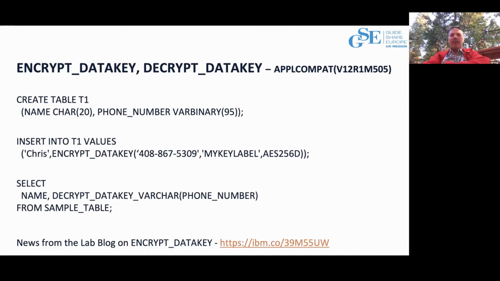So you can actually have a different key label used on every record of data, as an example. Maybe my key label is only accessible to me, and your key label is only accessible to you. And if you tried to fetch my record, you wouldn't have access to my key label, and therefore you wouldn't see the data. So it's kind of interesting that you can do that. Like I said, literally on every record, you could use a different key label.